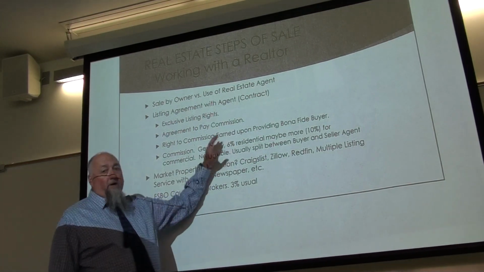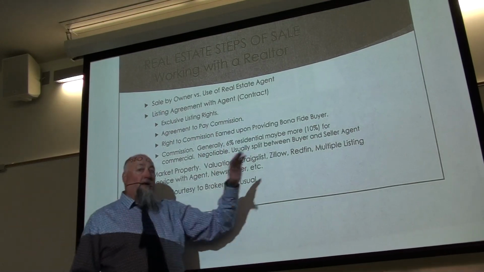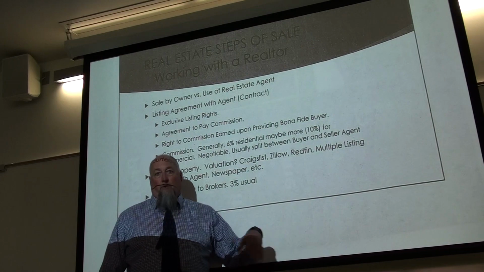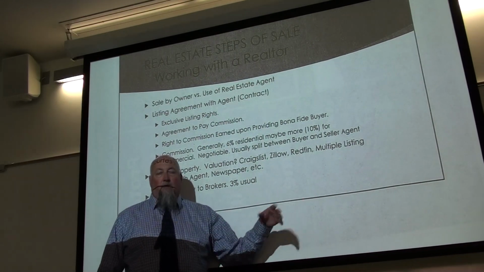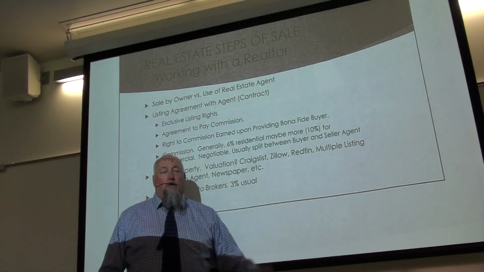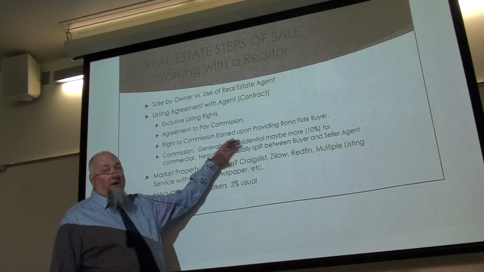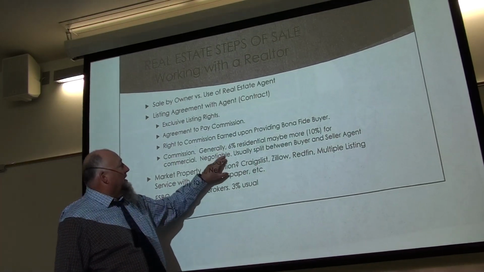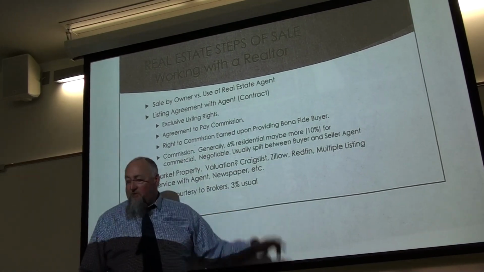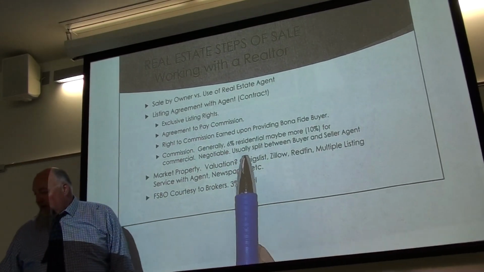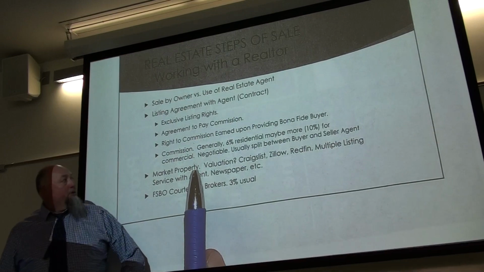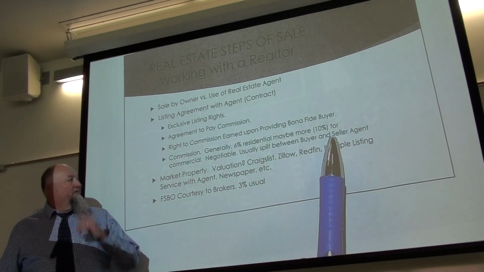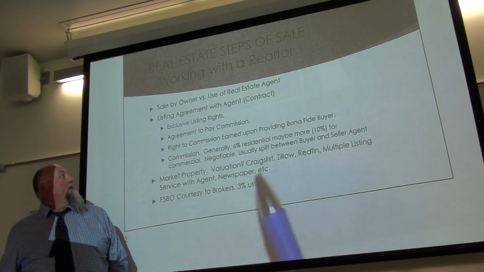But you just need to be aware of that, because you may not understand that you may not be able to terminate without paying that commission as what's called a liquidated damage, which isn't really a penalty, it's just a payment that they've earned under the contract. And again, like I talked about, commissions are typically 6% for residential, but maybe more for commercial. It is negotiable, and it's usually split between the buyer and the seller agent.